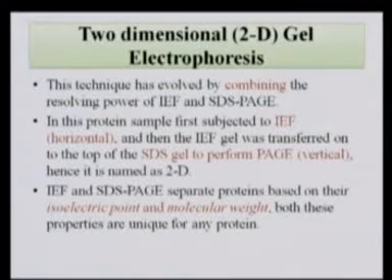Let us explore more about the 2-dimensional electrophoresis. As we said, IEF is the horizontal one, whereas the SDS-PAGE one is the vertical mode. That's why by combining the horizontal and vertical, otherwise IEF and SDS-PAGE, this technique is known as 2-dimensional electrophoresis.